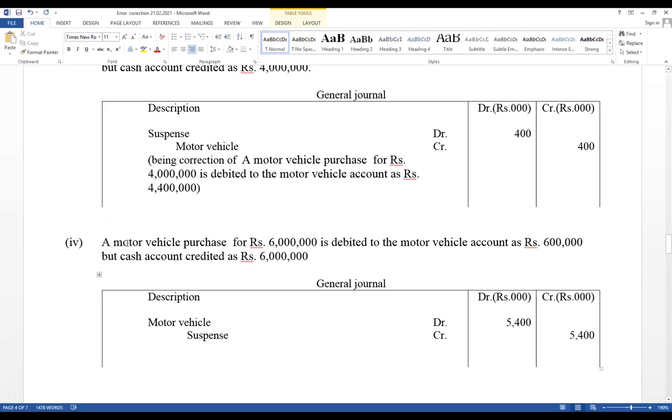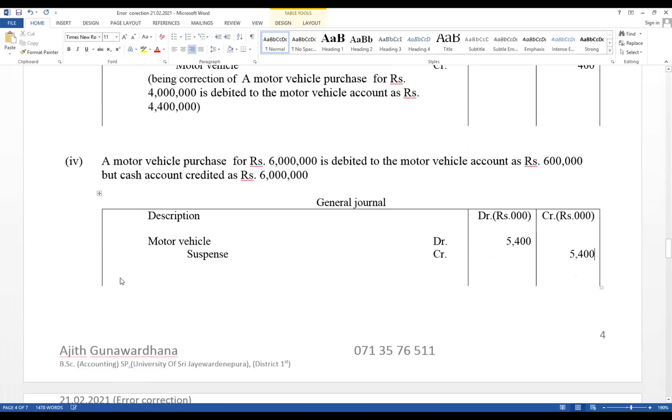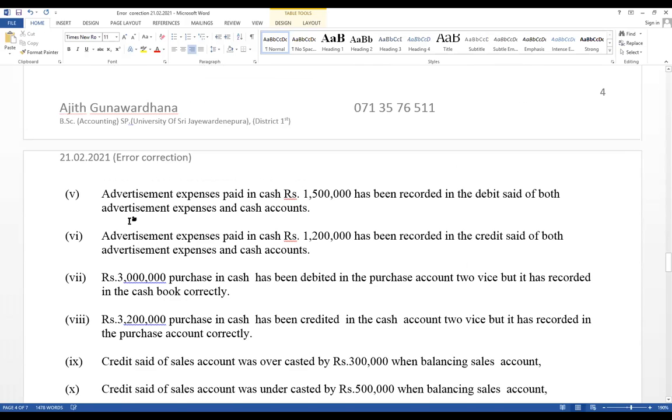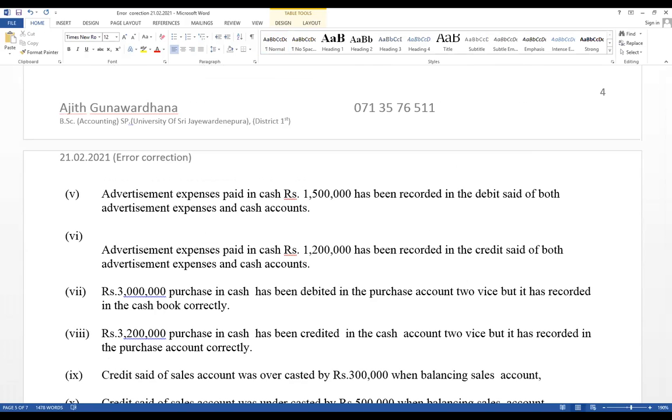Narration: being correction of motor vehicle purchase of 6,000 debited to the motor vehicle account as 600. Next one, think what would be the answer?